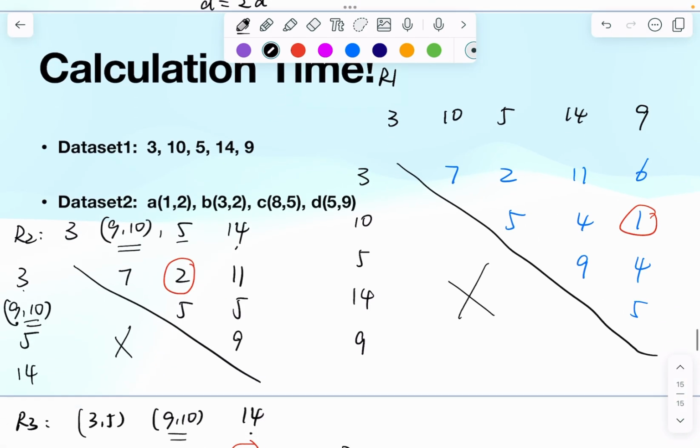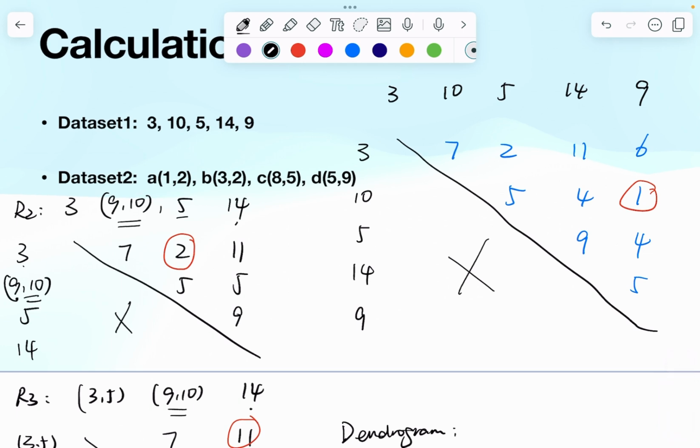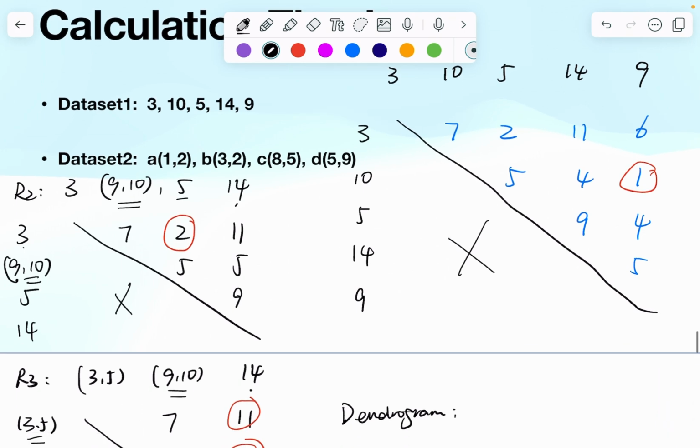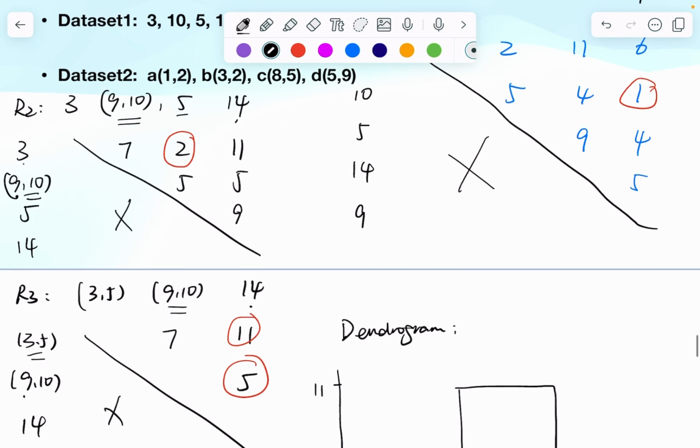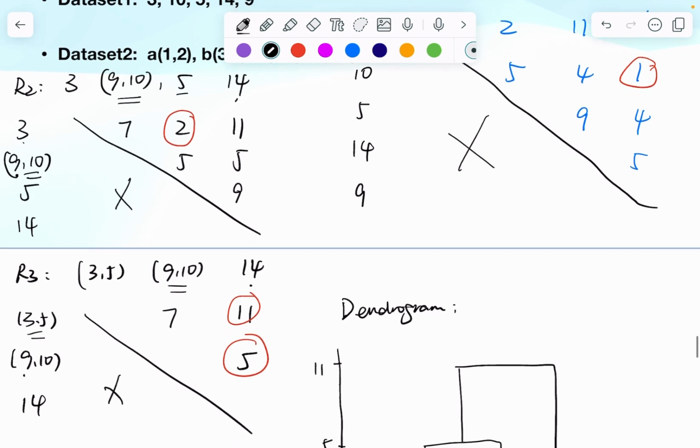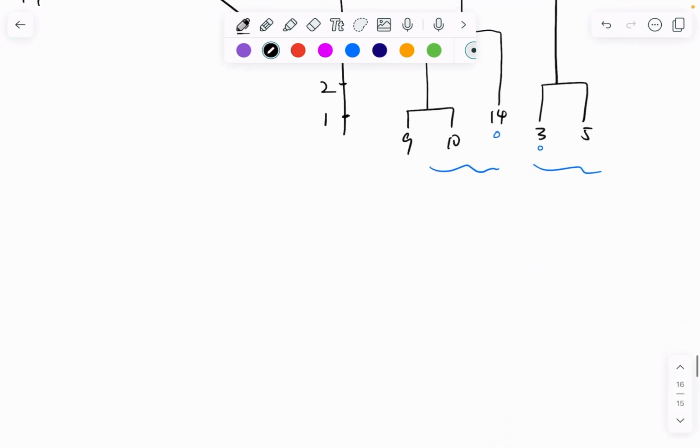Okay, so for the second data set, the algorithm is very similar. The only difference is the calculation on the distance will be a little bit more complicated than data set 1. So let me take an example. It's the same to write all the data as a matrix.